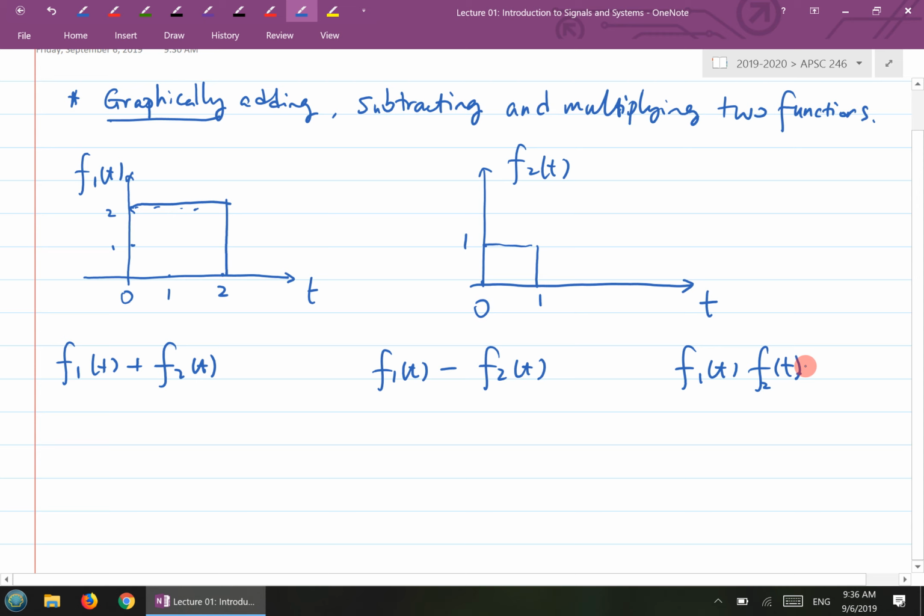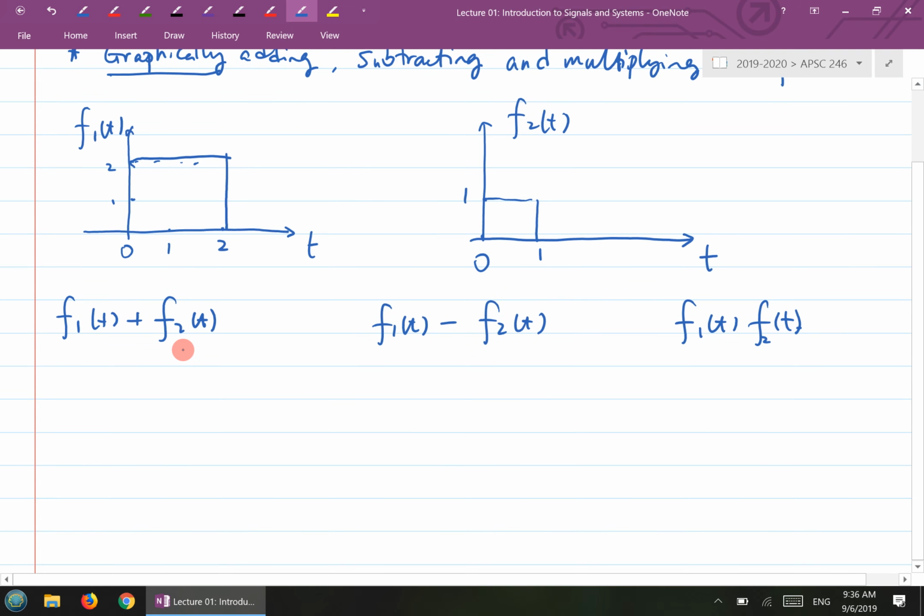Those are the possible things we want to do. Let me show you the first one here, and you can practice subtraction and multiplication yourself.